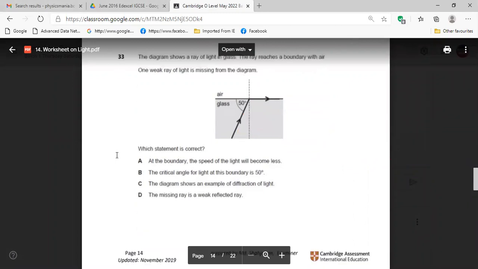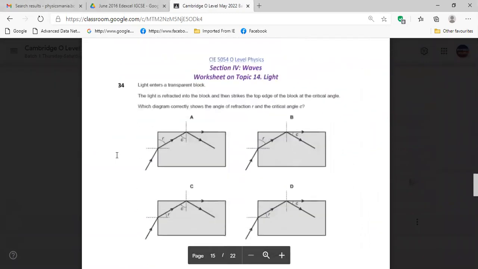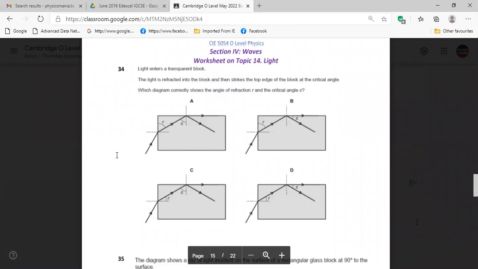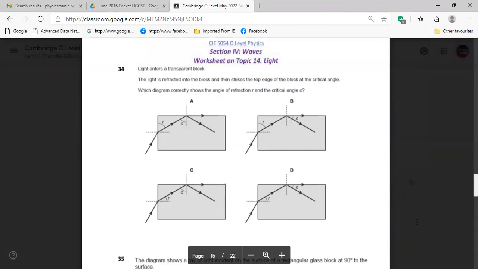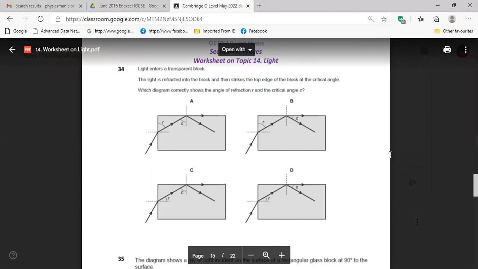Now it's Monica's turn. Monica, you read. Light enters a transparent block. The light is refracted into the block and then strikes the top edge of the block at the critical angle. Which diagram correctly shows the angle of refraction R and the critical angle C?